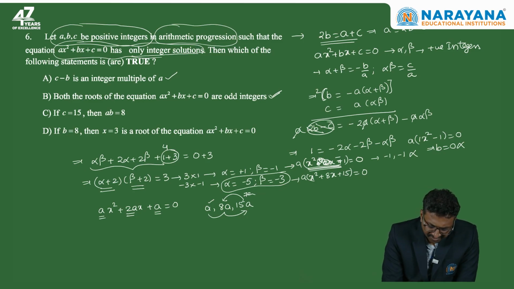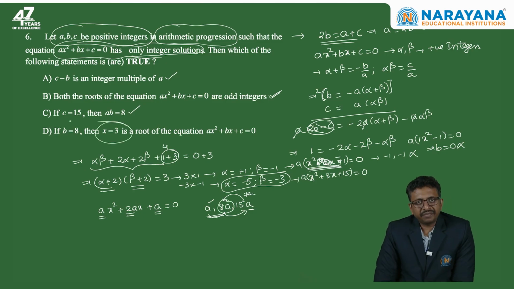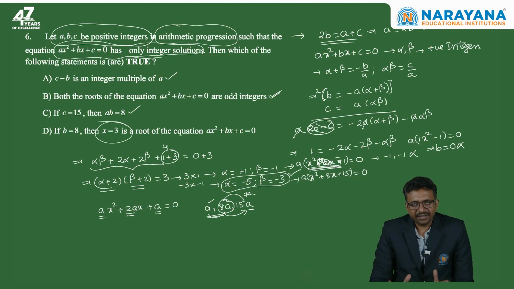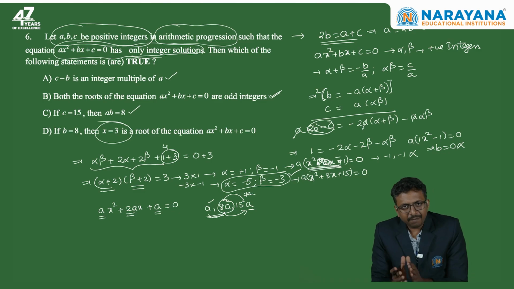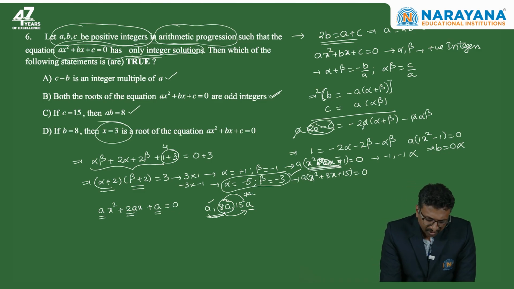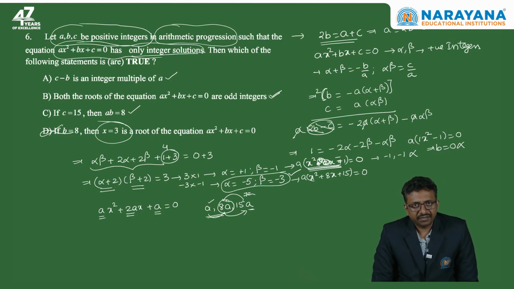And if c is equal to 15, ab is equal to 8, which is also correct. If c is equal to 15, that means a is equal to 1. So 8a square is 8, which is correct. And if b is equal to 8, then 3 is a root of ax square plus bx plus c, which is wrong because x equal to minus 3 is a root. The roots are fixed. So minus 5 and minus 3 are the roots. So x equal to 3 is not a root. So a, b, c are correct for this question.